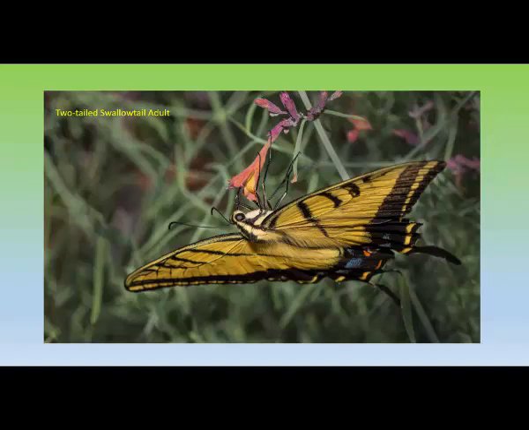Doesn't have a larval stage. And then the mini adult will shed and go through several sheds until it gets to the size of an adult. So that's not a complete metamorphosis. That would be an incomplete metamorphosis. So just a little bit different life cycle of these different orders of insects.